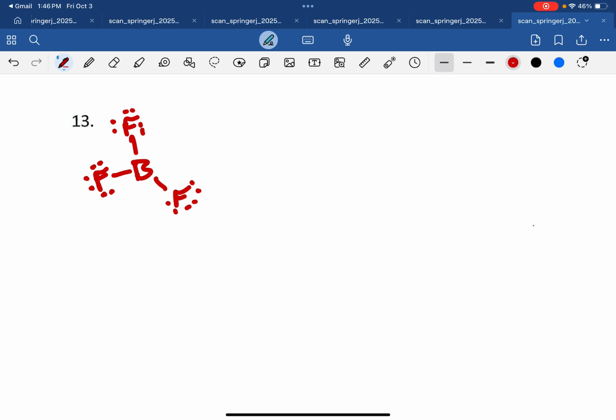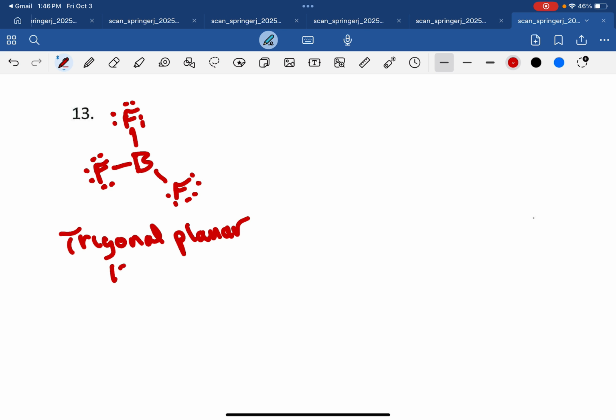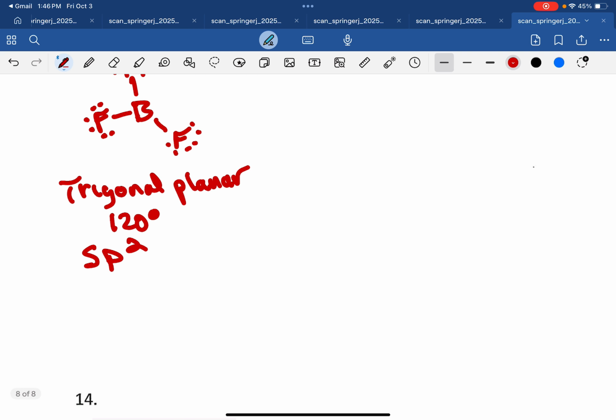So there's no lone pairs there. So this is trigonal planar. Approximate bond angle, 120. Hybridization of the central atom takes 3 electron domains, sp2. And is it polar or nonpolar? Well, I don't see anything that won't cancel. Nonpolar. Not that I'm aware of.